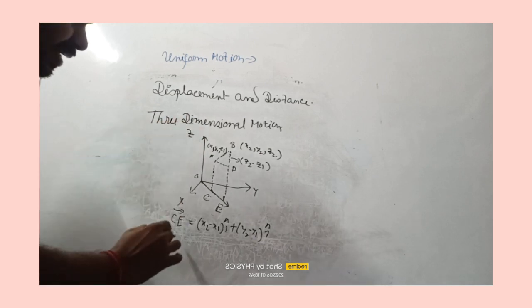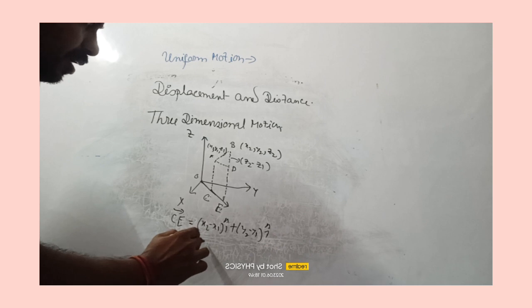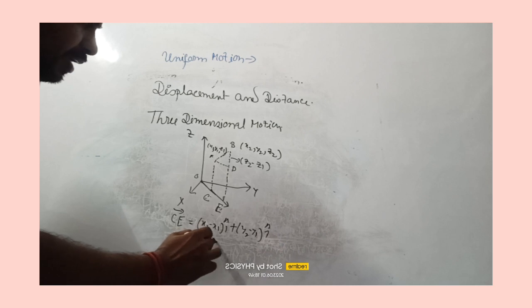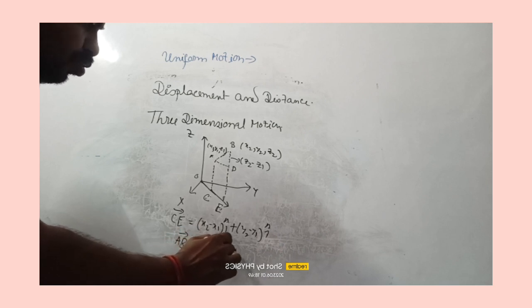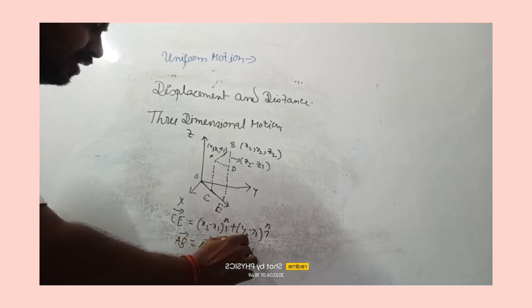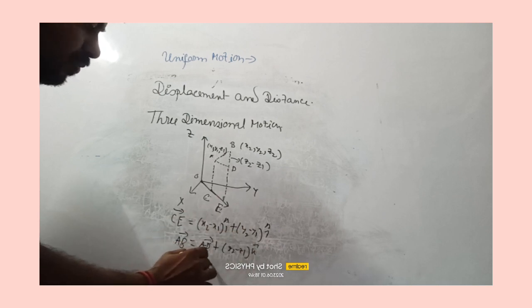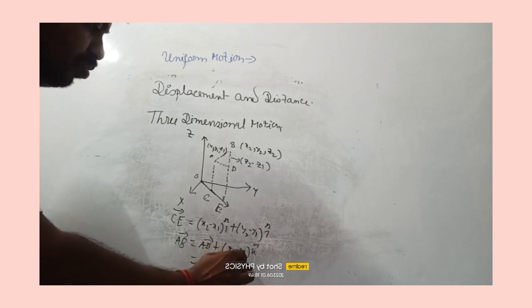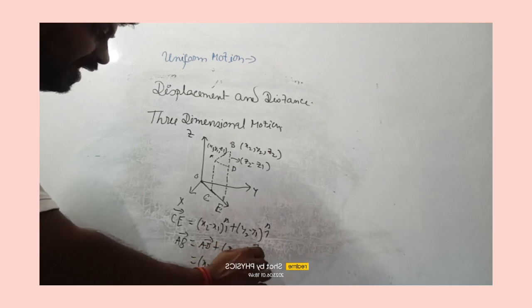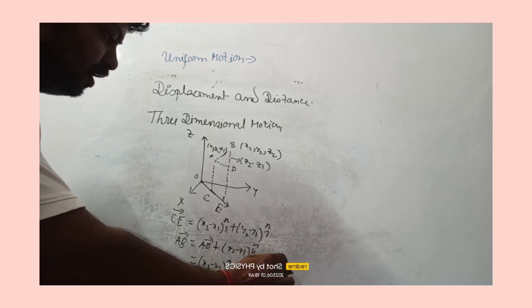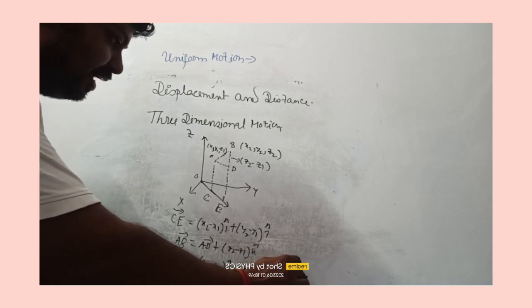So for that, the AB vector is equal to CE, that is AD vector, plus z2 minus z1 k hat. Now AD is equal to x2 minus x1 i hat plus y2 minus y1 j hat, plus z2 minus z1 k hat.